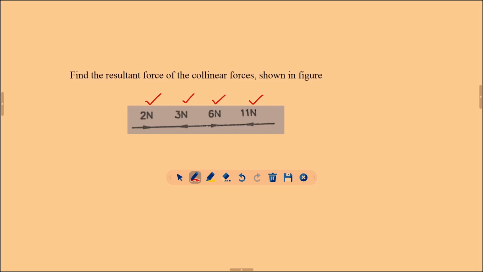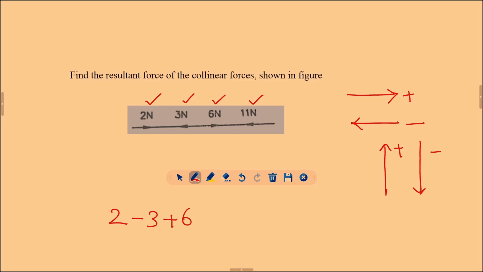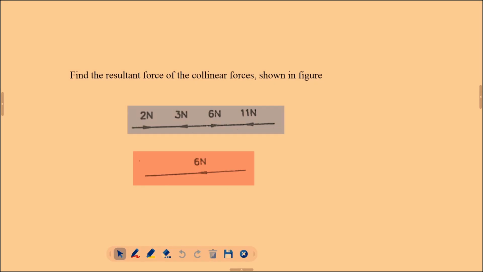According to the previous case, suppose I consider left to right as positive, right to left as negative, upward force positive, downward force negative. If I follow this, what will happen? 2 minus 3 plus 6 minus 11. This is how collinear forces are found. The final answer we get is 6 Newton.